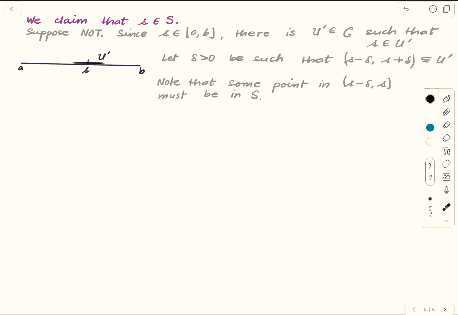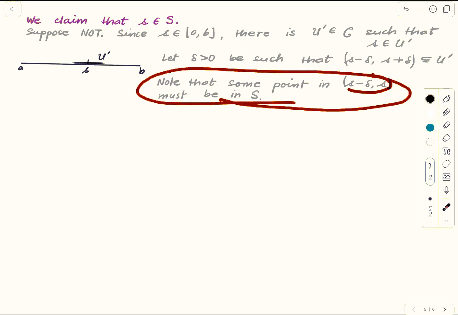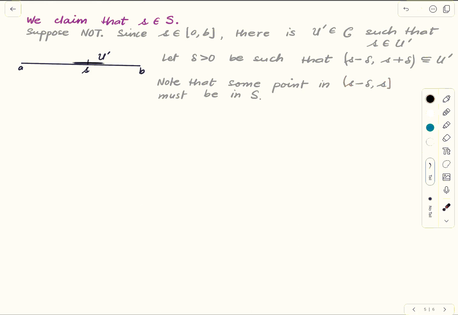S cannot have anything greater than little s, that is true, but if we further assume that it doesn't have anything from this interval, then the supremum of S cannot exceed s minus delta, but that is a contradiction to the choice of little s. So some point of this interval must be there in capital S.